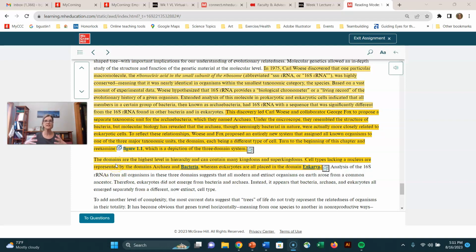Remember, we said we've always classified organisms into 5 kingdoms, but once we were able to analyze things at the molecular level, we realized we really had some things wrong. And a big one was bacteria and archaea kind of look alike. So we put them all together in one group, but now we know they're genetically distinct and they're in 2 totally separate domains.